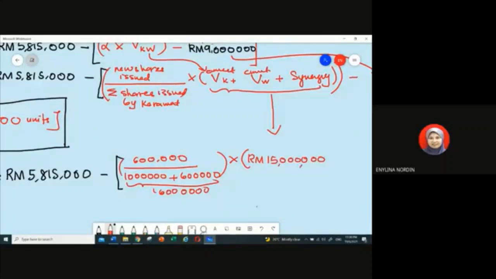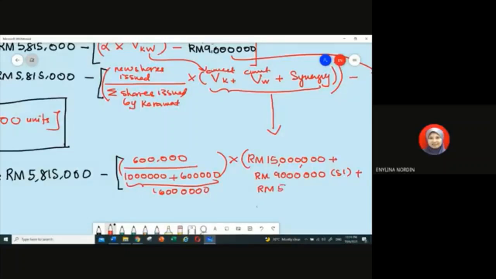All right, so it is value for Keramat plus current value of Wangsa. This is where we get from step 1, that is RM 9 million, from step 1. Okay, and then plus synergy. The synergy is the same as what we calculated just now.